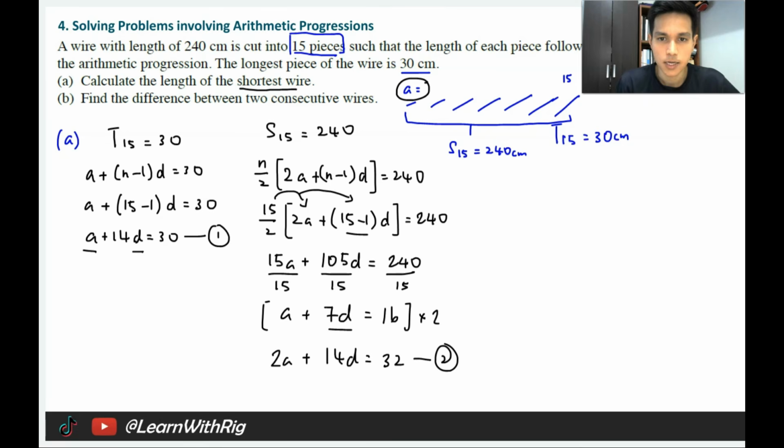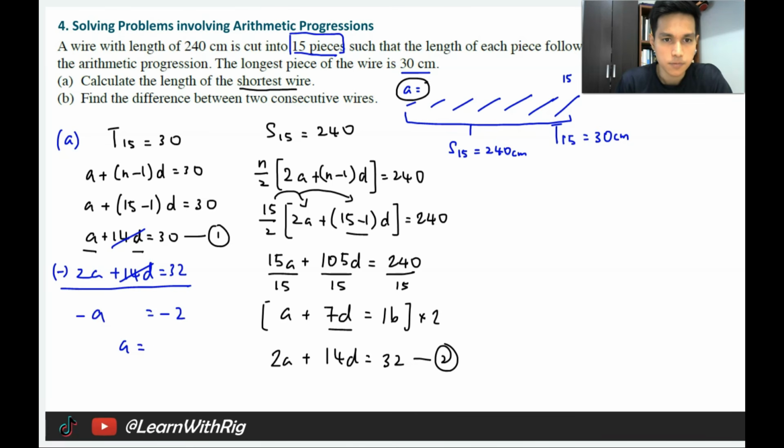This is your second equation. Now you can compare: a plus 14d equals 30 and 2a plus 14d equals 32. Since they have the same sign, I'm going to use the elimination method, subtracting. So here you can eliminate d, and negative a equals negative 2.